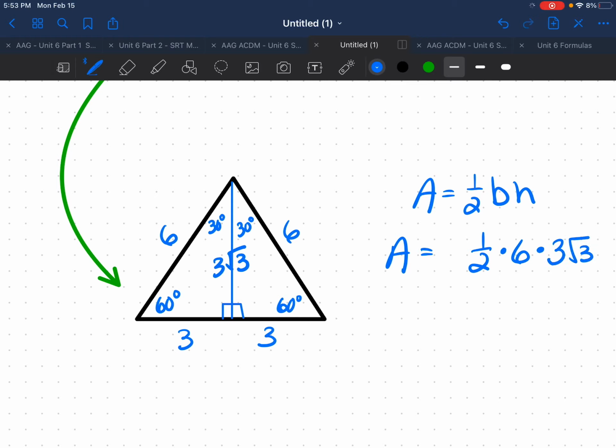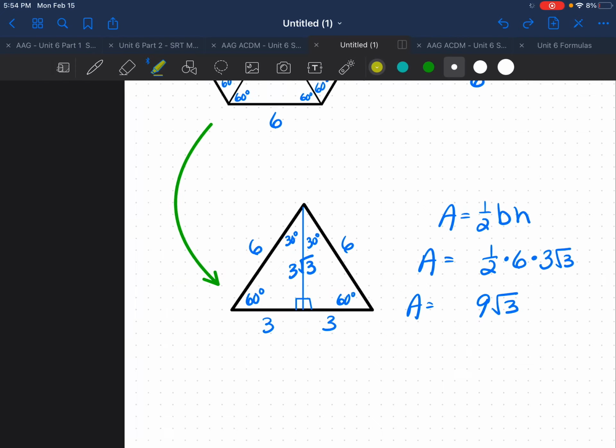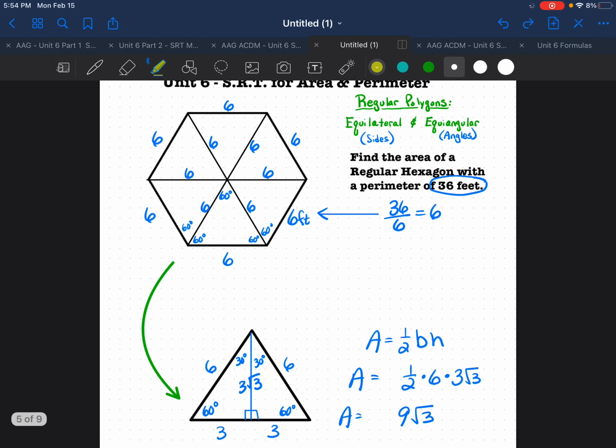So 1/2 times 6 times 3 radical 3 is going to be 9 radical 3. That means this equilateral triangle all by itself has an area of 9 radical 3 feet squared.